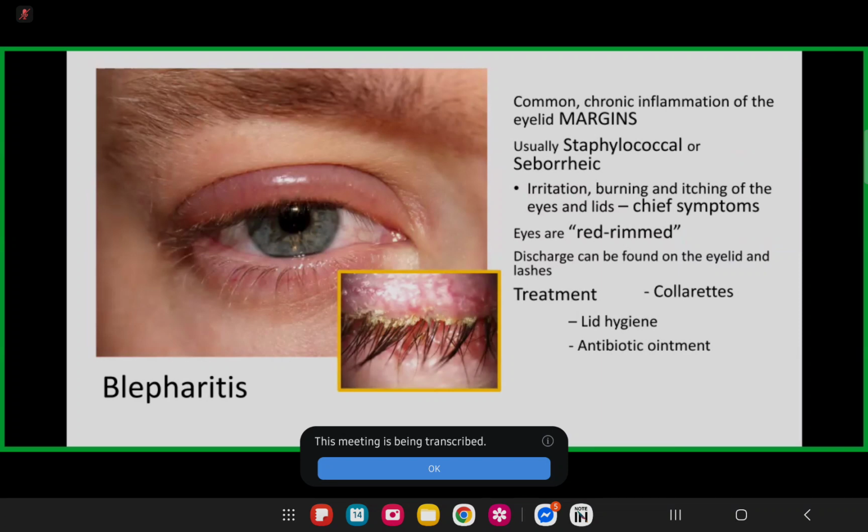So these are red eye, red rim or inflamed lid margins plus your collarettes. These are what make up blepharitis. Treatment is just lid hygiene, so cleaning your eyelashes or eyelids. And for persistent cases or those with staphylococcal infections, antibiotic ointment can be given.